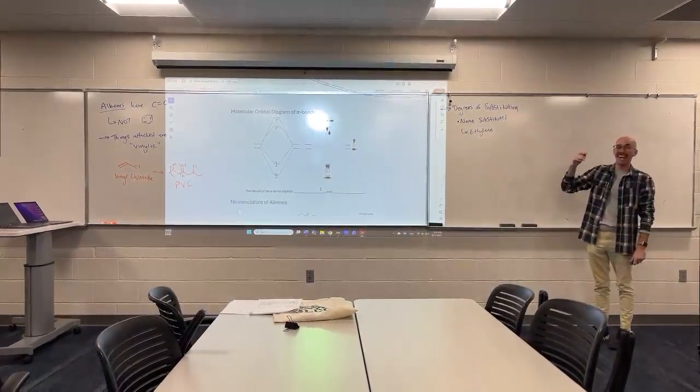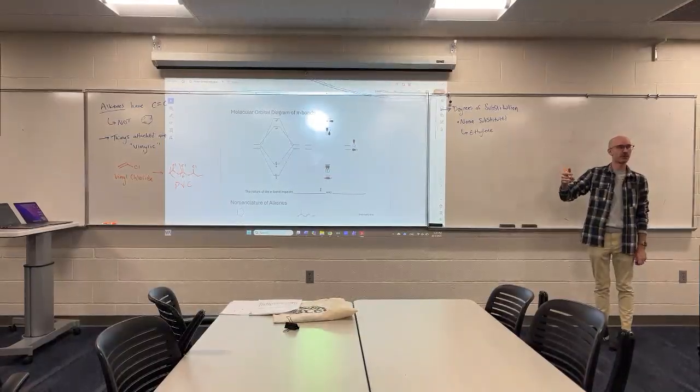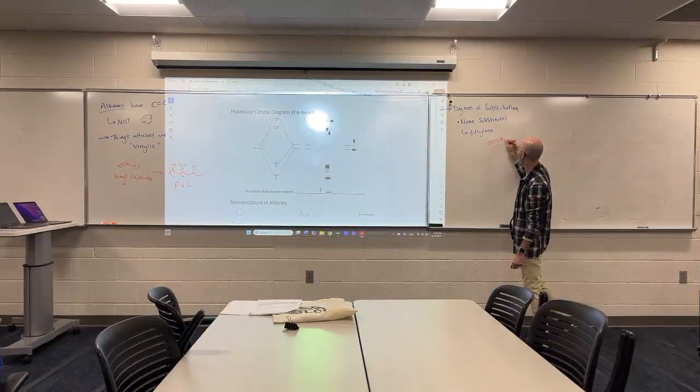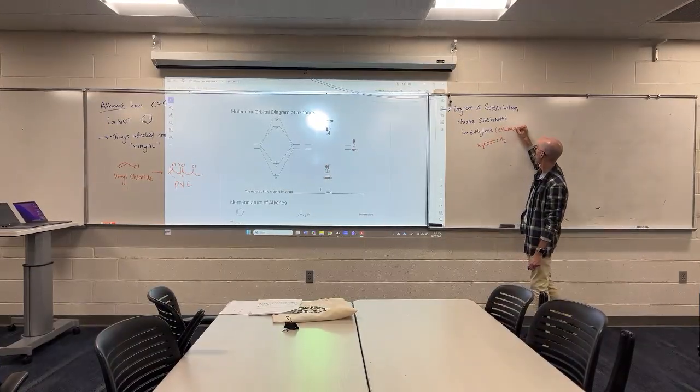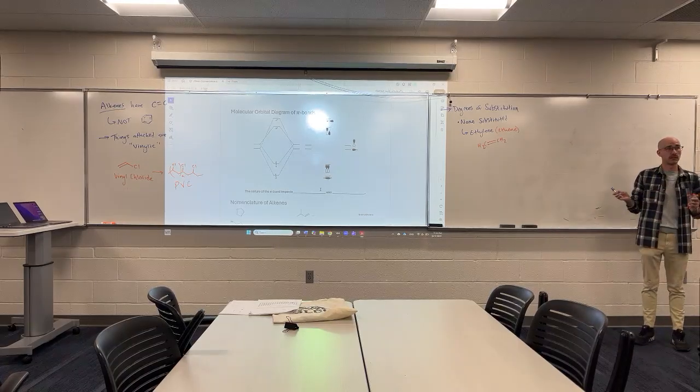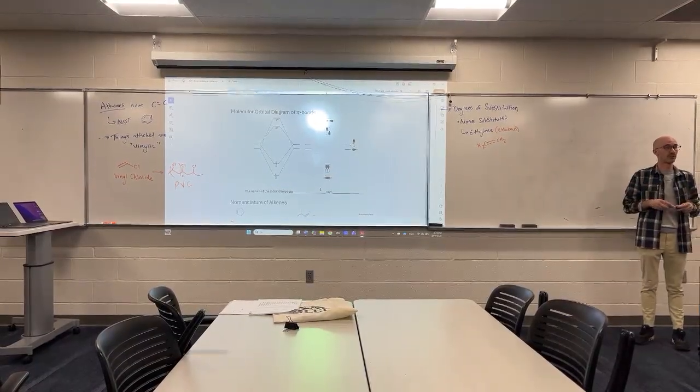They could have named it ethene based on nomenclature rules, but they named it ethylene. Non-substituted: of the two carbons in the alkene, neither of them are bonded to other carbon groups.